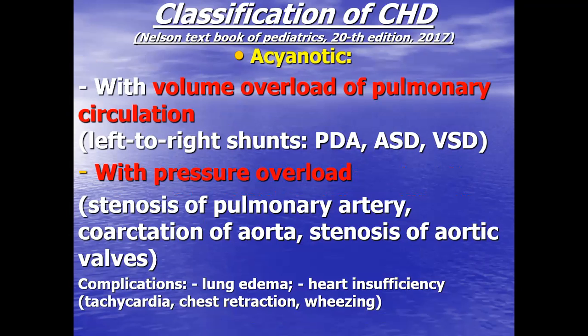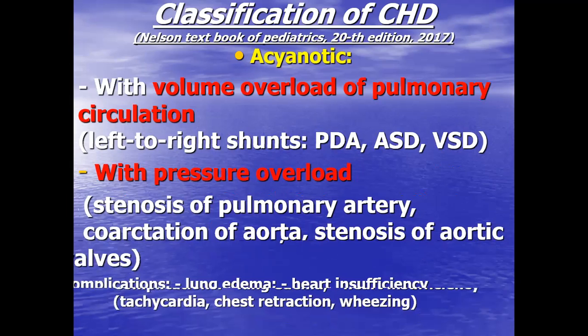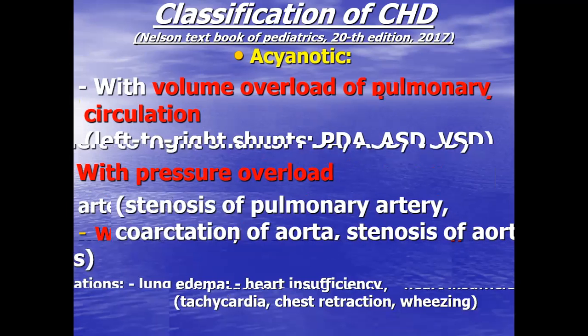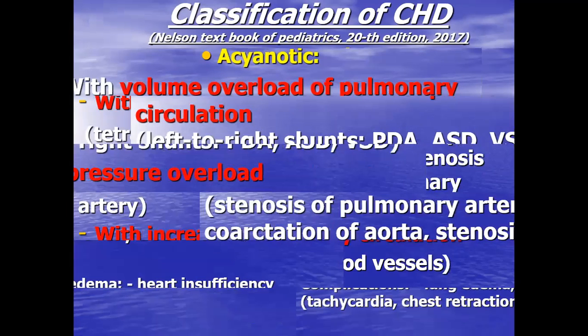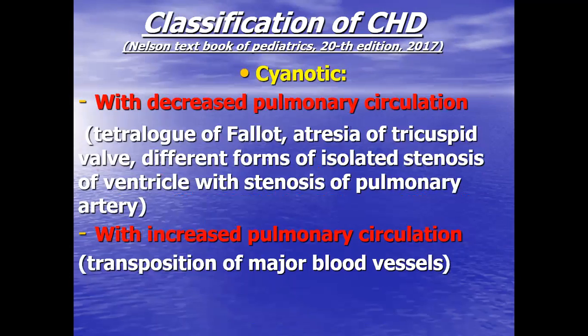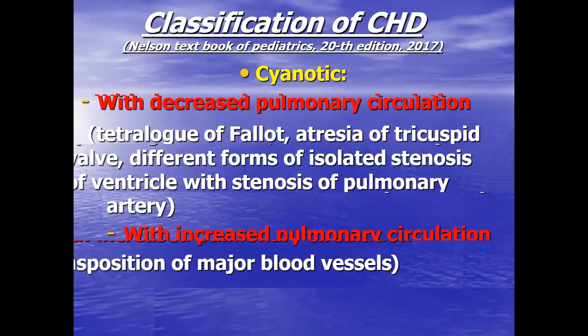And with pressure overload, stenosis of pulmonary artery, coarctation of aorta, and stenosis of aortic valves. And cyanotic congenital heart defects with decreased pulmonary circulation: tetralogy of Fallot, atresia of tricuspid valve, and others, and with increased pulmonary circulation, transposition of major blood vessels.